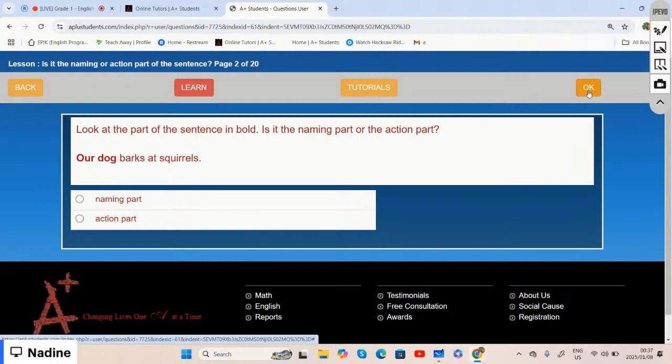Do we say that it is a naming part or an action part within the sentence?